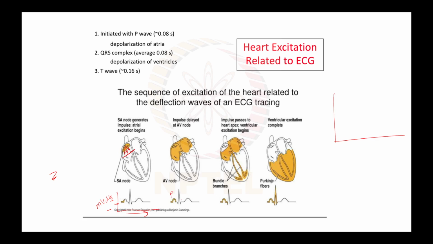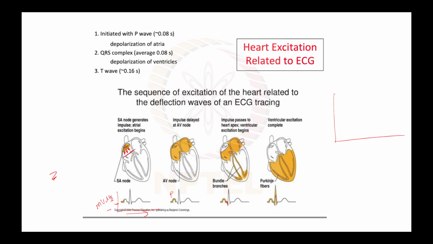This is referred to as the P wave. The impulse is delayed at the AV node, and then the impulse passes to the heart apex, and ventricular excitation begins. At the intercept between the two ventricles, the excitation begins, and that is denoted with this decrease in the voltage.